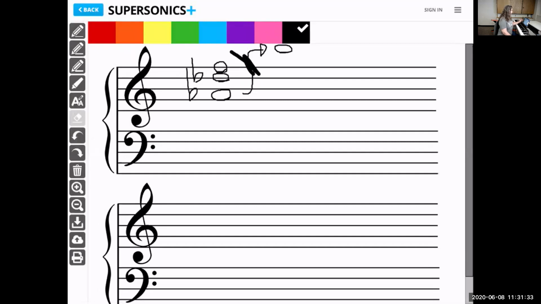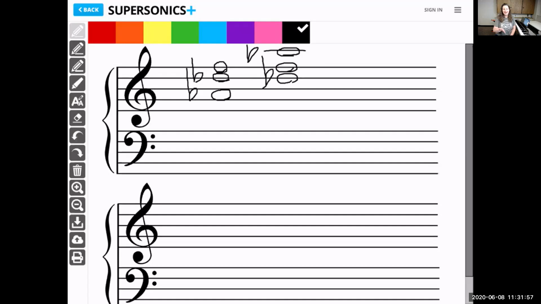Well, it's not going to let me erase, so let me undo a few things. Here we go. And we'll draw again. Sometimes, you know, technology is a little finicky. So I'm going to redraw this as the A flat, sneak that flat in there. There's my F, there's my D flat.